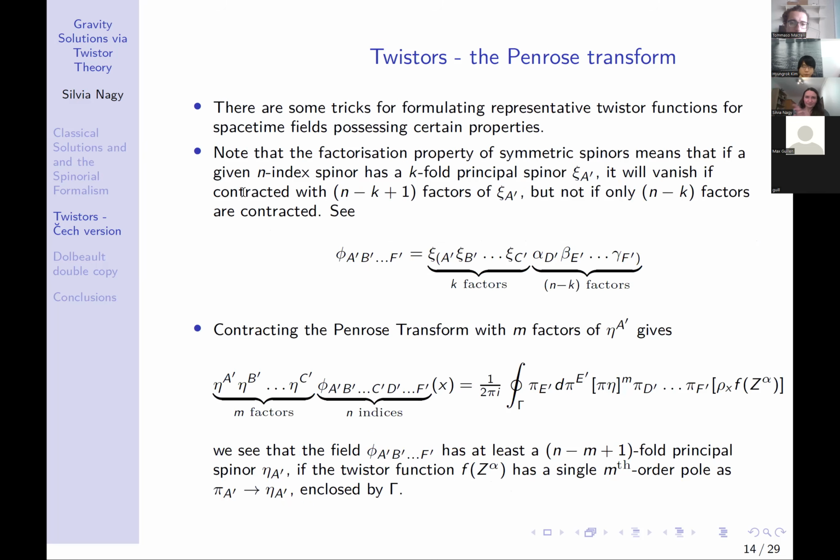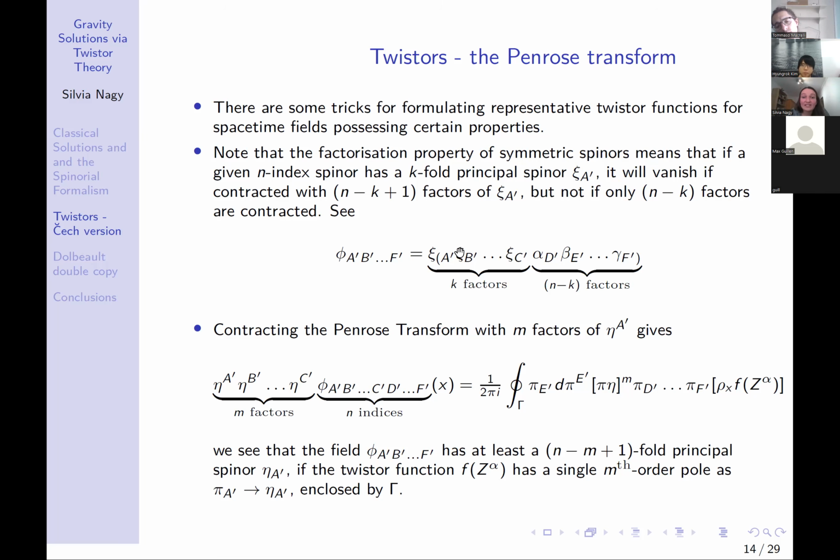Good. So just a little bit more of the mathematics of this and how exactly do we choose these f functions. So remember, I was telling you for our classical solutions, we had this Petrov classification depending on the degeneracy of the spinors. So how can I recreate this from Twistor space? So there are some tricks for doing this. And okay, so let's see.